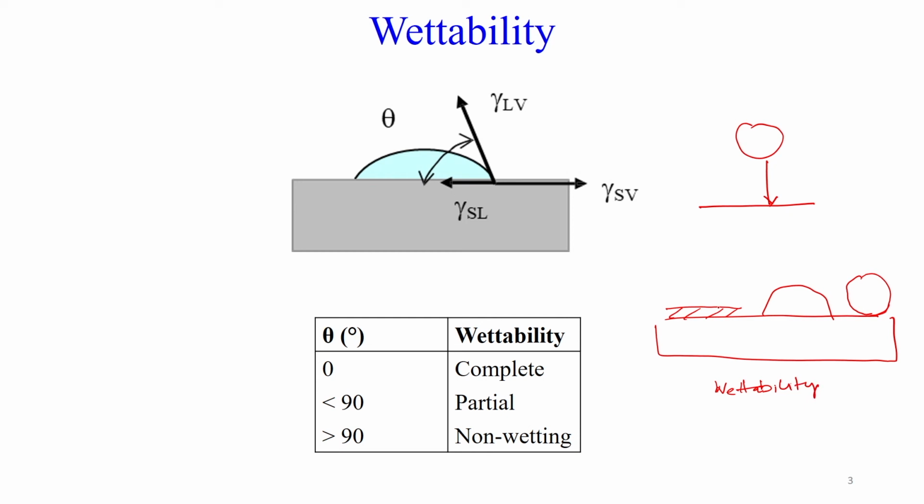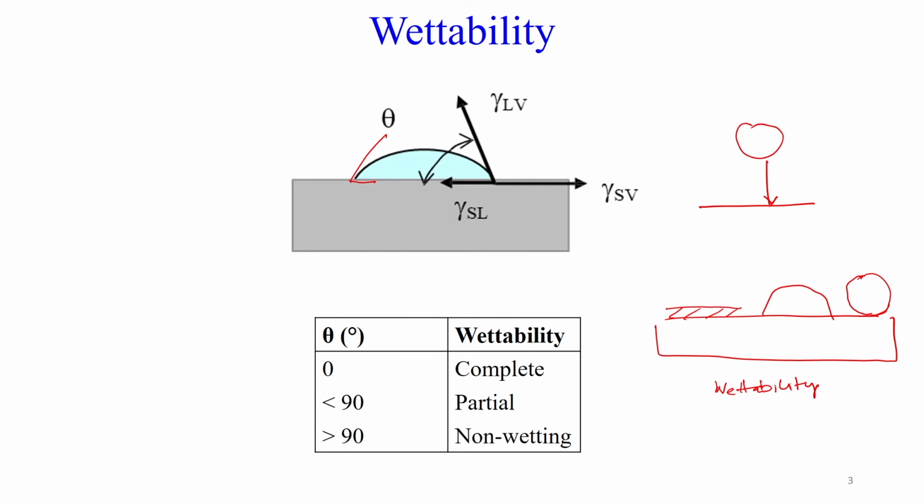Now, if you want to express this phenomenon, we can define it in terms of the angle between the surface and the tangent of the liquid when you put a liquid drop. Based on this angle we should be able to define the different phenomena happening on the surface. If you see, there are three interfaces here.